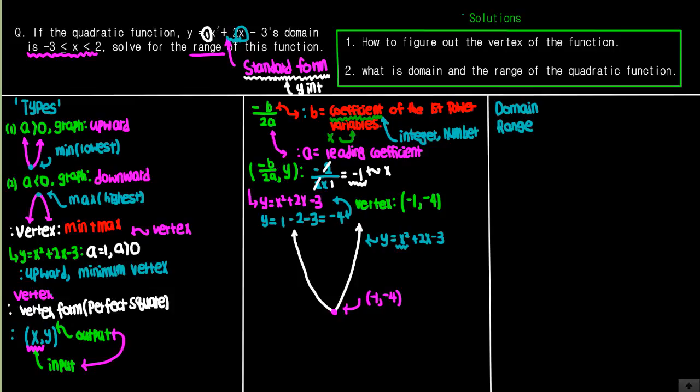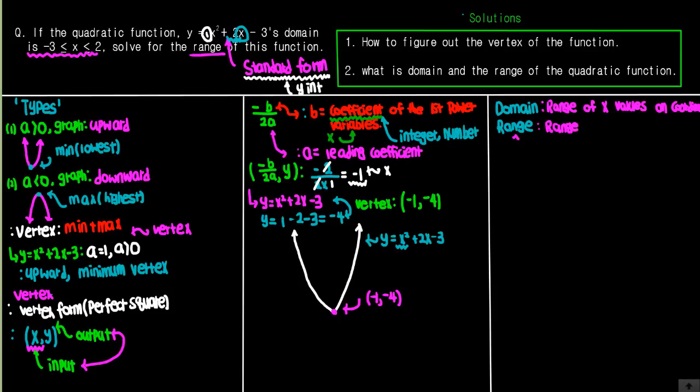The domain shows a particular range. Range is the same thing as the distance of the x values on the coordinate. And for the range, it shows the distance.